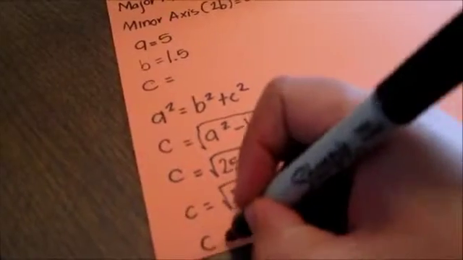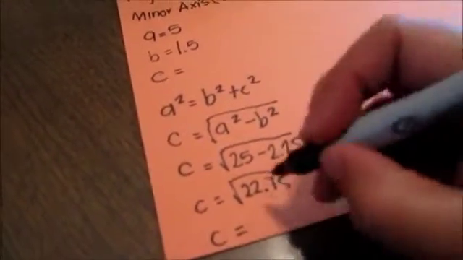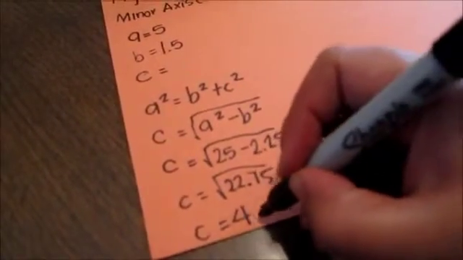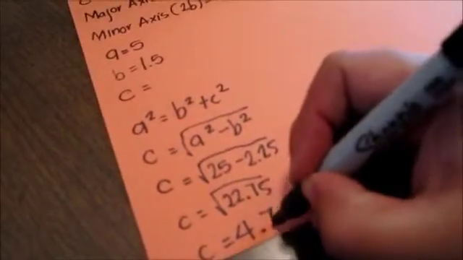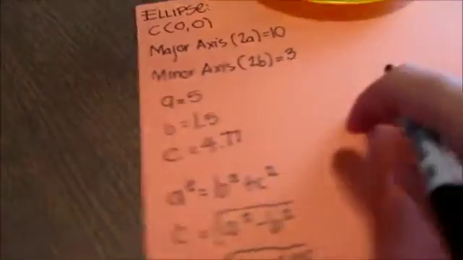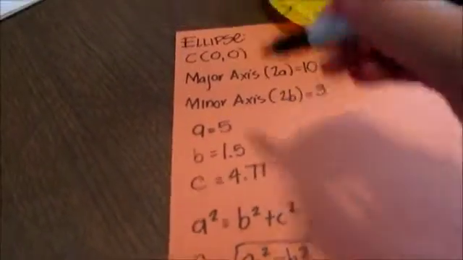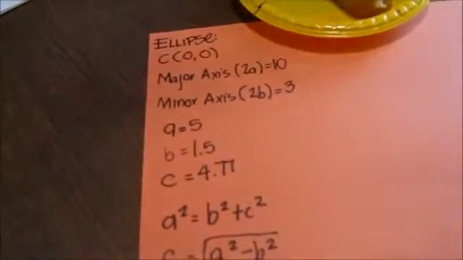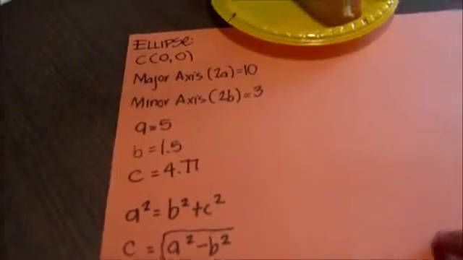And the value is 4.769, that I will round to 4.77. So now you know all the values you need, a, b, c, and the center, so you can start with the equations.